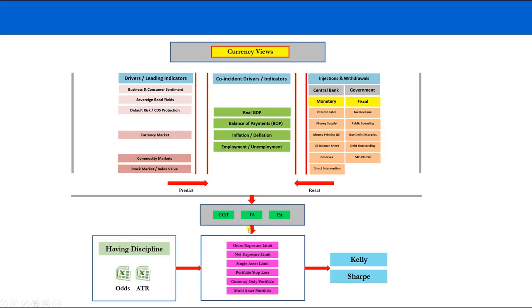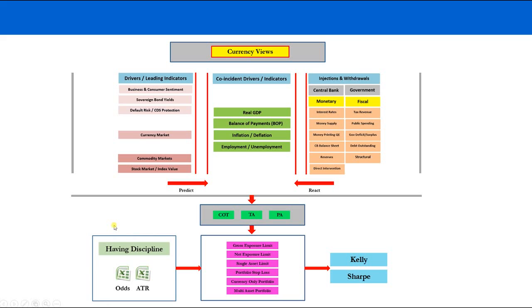We're now going to deploy capital and we're going to end up with a real position in our portfolio, in our retail trader accounts.